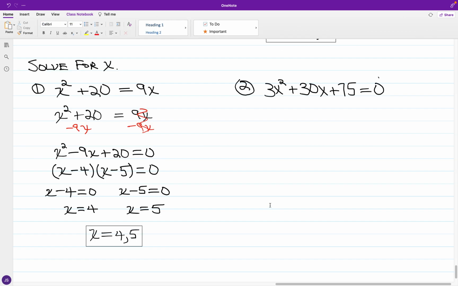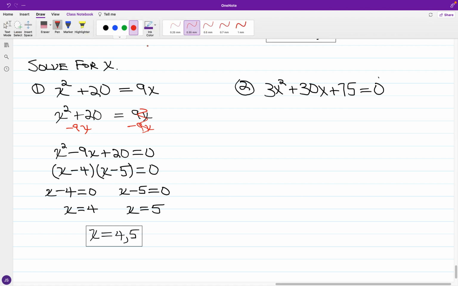Now for the second equation, we're going to have a common factor since the coefficients 3, 30, and 75 are multiples of 3. So what I can do here is just divide the equation by 3.